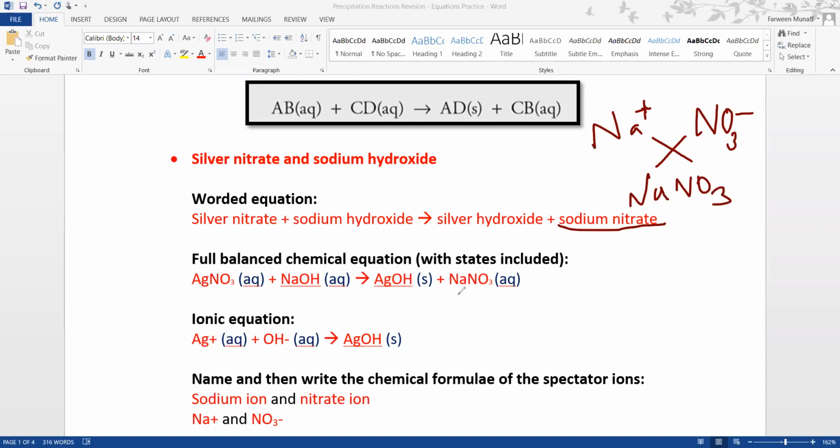According to our formula, it needs to take on an aqueous state of matter, and that is reflected here. The same thing with the silver hydroxide, which was our precipitate. Precipitates always take a solid state of matter. Being the first product, we see that reflected here as well. So that's basically our worded equation and balanced chemical equation.